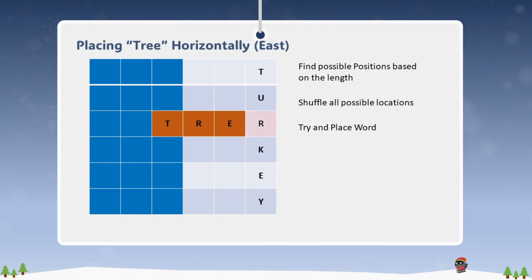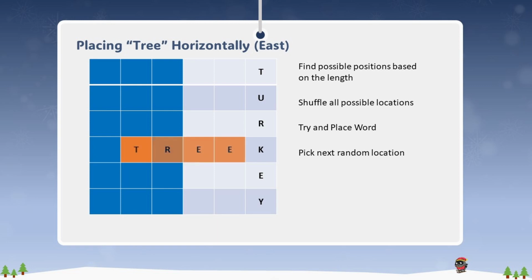If it fails, as it has done here, we will then go to the next random location, which is here, and then once again try and place the word, starting with the T all the way through. Once it has been successfully placed, we then take that word and apply it to the grid before moving on to the next word, potentially with a new placer.